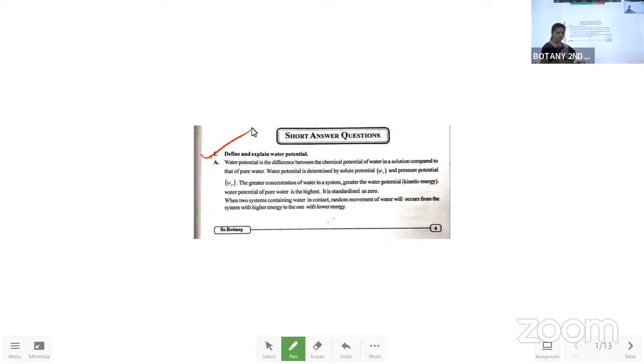If any spelling mistakes are there, or the sentence formation is not proper, then you will get 3 marks. So here handwriting and grammar play a major role in my subject in second year. In first year, we will ignore grammar.